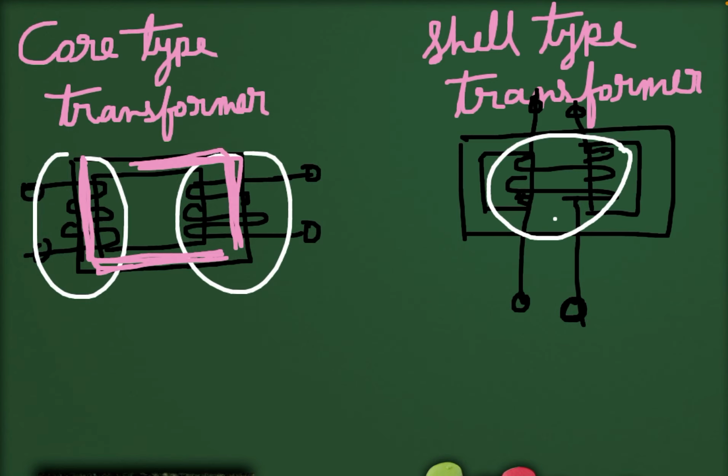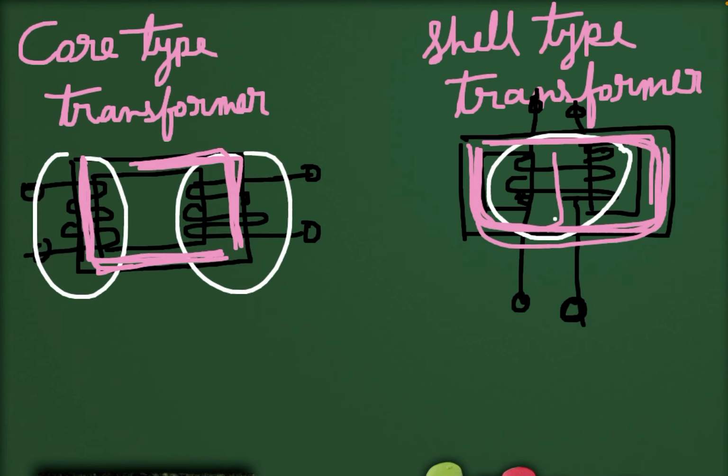While in the case of shell type transformer the laminations are cut in the form of E and L strips. You can see the E strips and also the L strips.